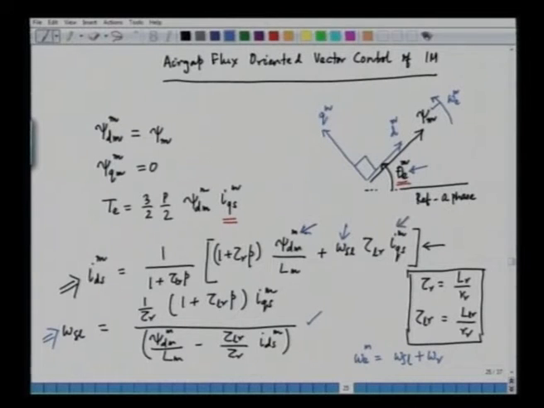So, the slip speed can be used in the first equation. If this is our equation number 1 and this is equation number 2, then to find out IDSM in the first equation, we need the slip speed. So, we have to evaluate the slip speed.